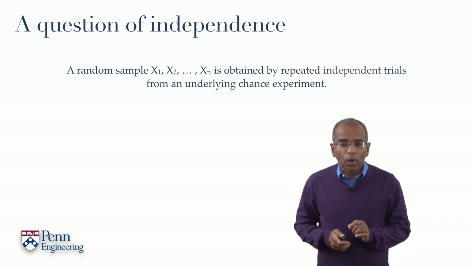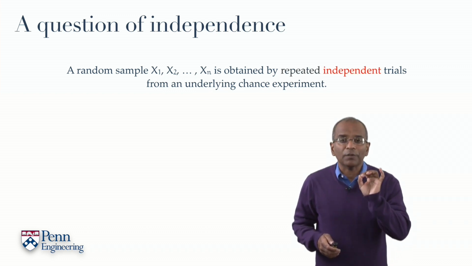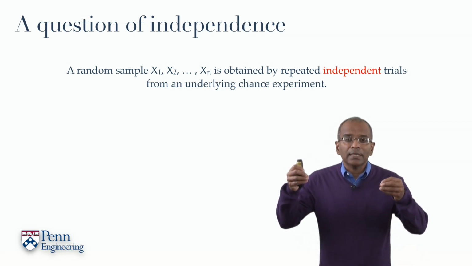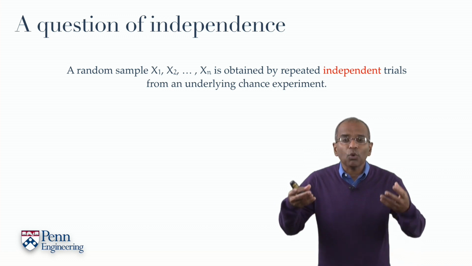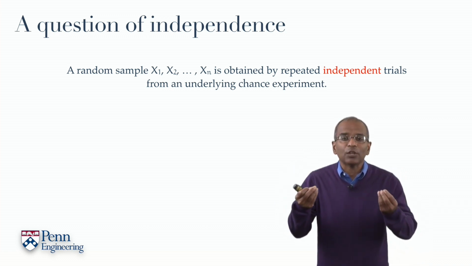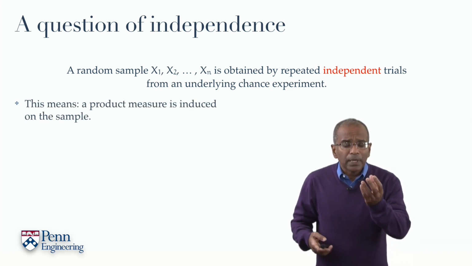Let us take these one at a time. First, the central and key idea of independence. This is the idea that runs a thread through all of the theory of chance. The key principle is that of independence. What does independence mean?